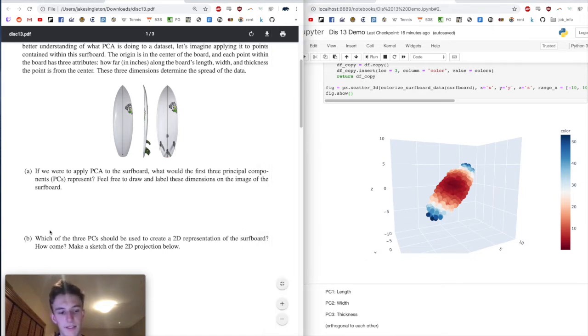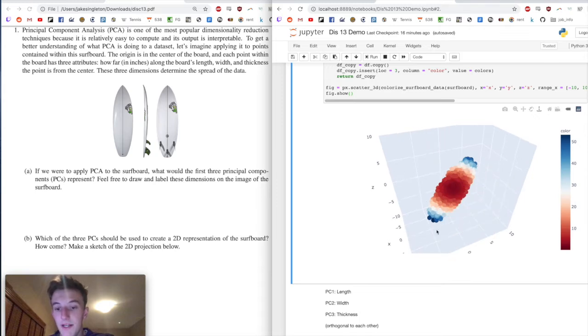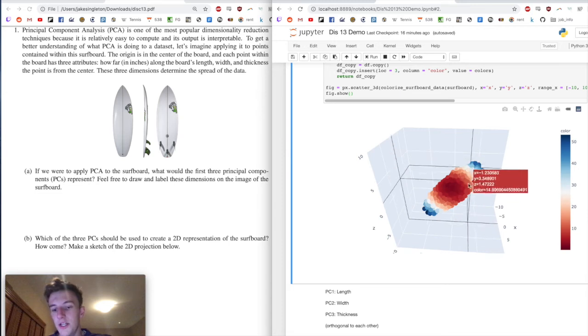So, and I think maybe the easiest way to do this is just to kind of talk about it, right? So if you want to make a 2D representation of this 3-dimensional surfboard, well, it makes sense that we should choose the 2 PCs which explain the most variance in this surfboard.